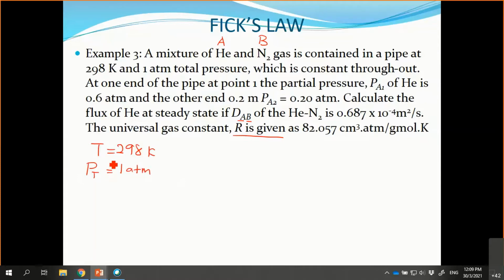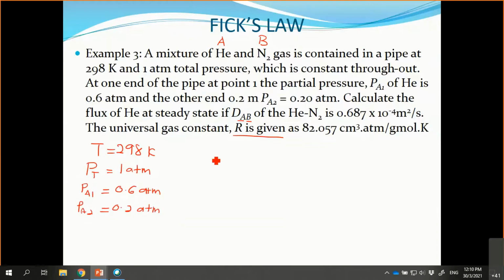Then we know that at point 1, the partial pressure of helium PA1 is equal to 0.6 atm. At point 2, PA2, the pressure of helium at point 2, is equal to 0.2 atm.